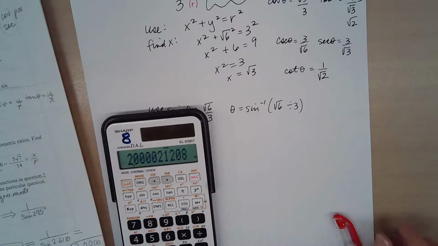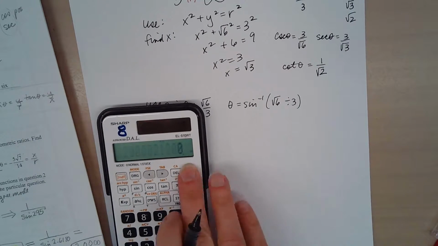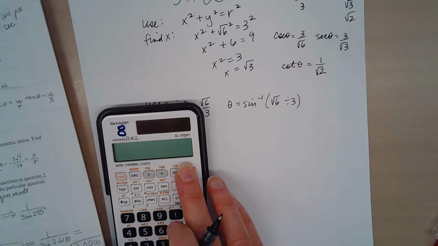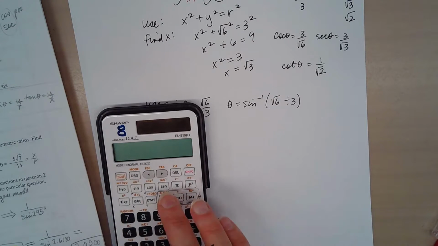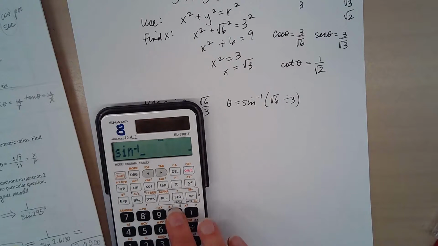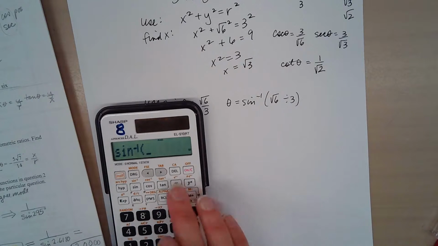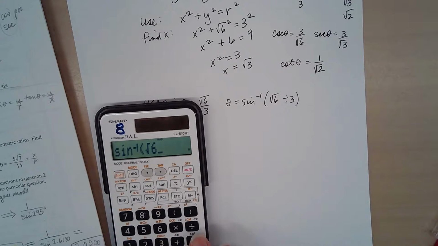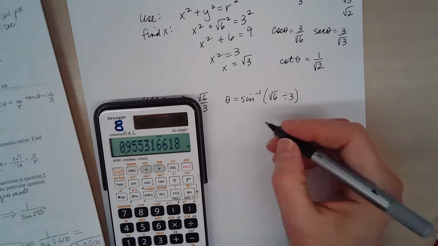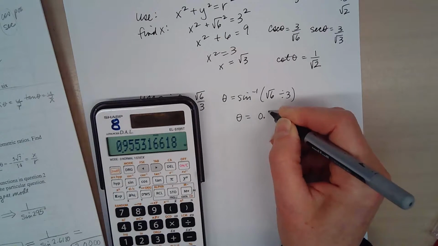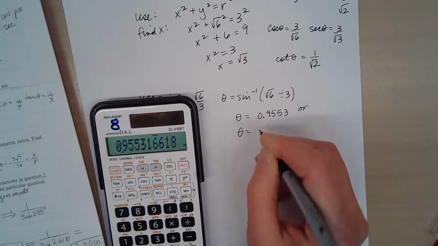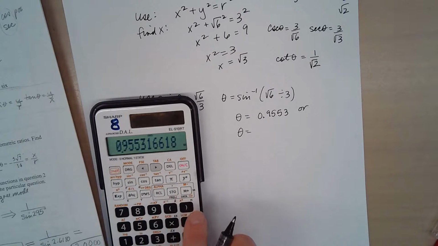Okay, it said shift sine. Oh, I have to go back to, now that's interesting. It didn't tell me to solve in degrees or radians, right? So I'm in radian measure, so I could do root 6 divided by 3. So the angle equals 0.9553, or I can switch to degrees, which is probably what most of you did.